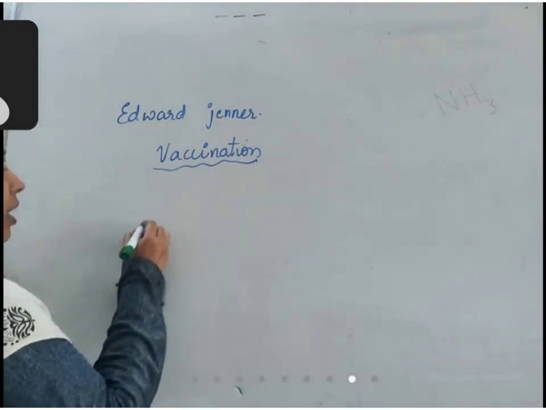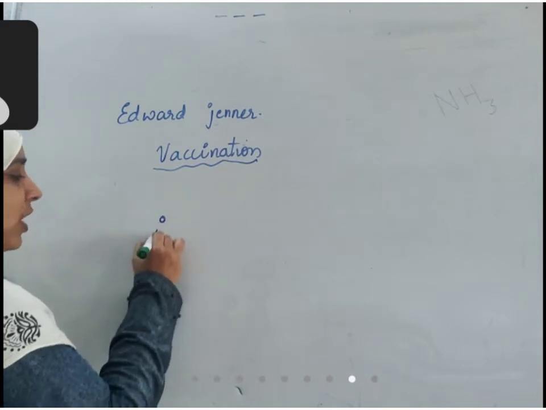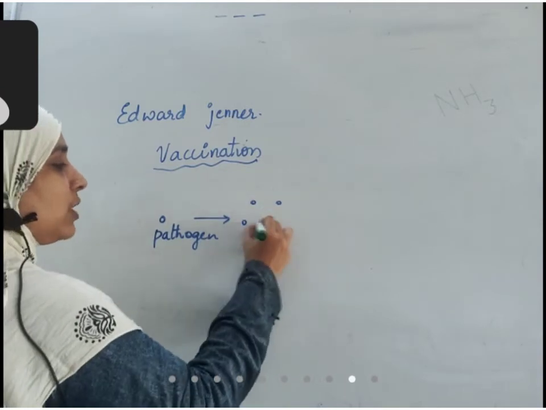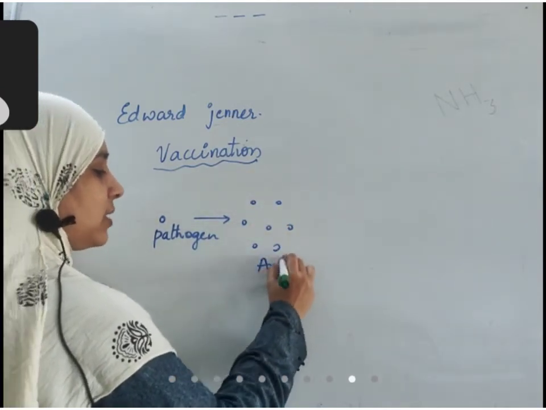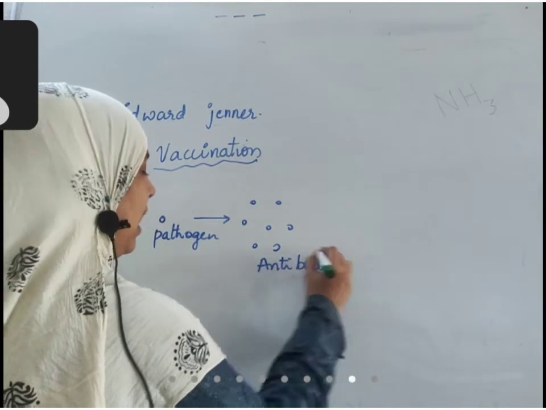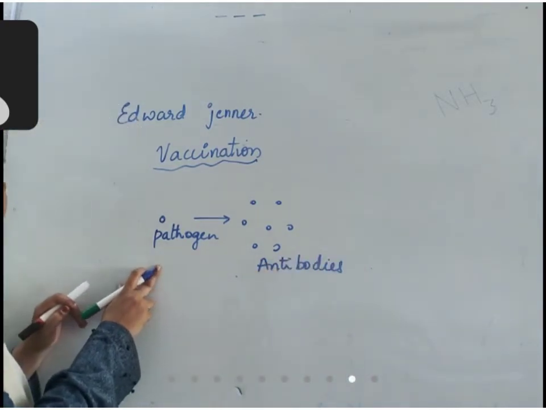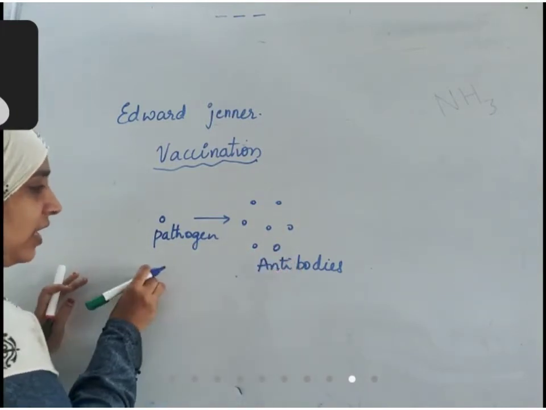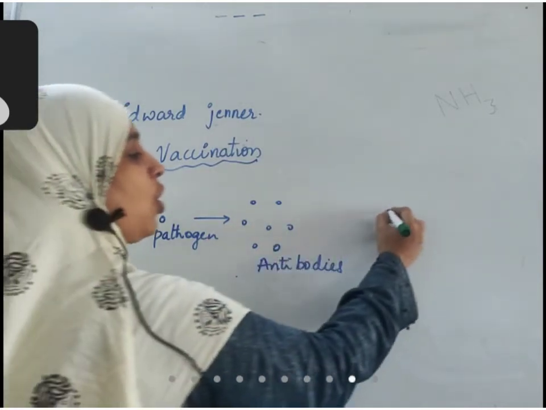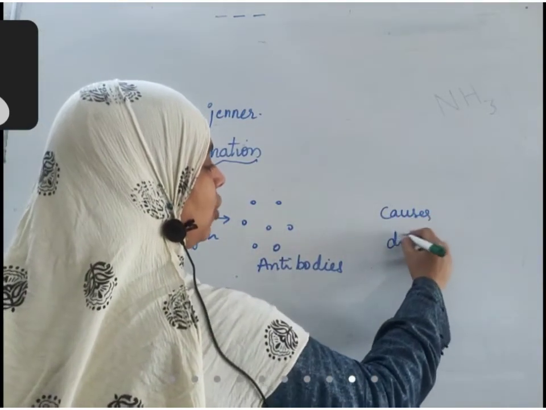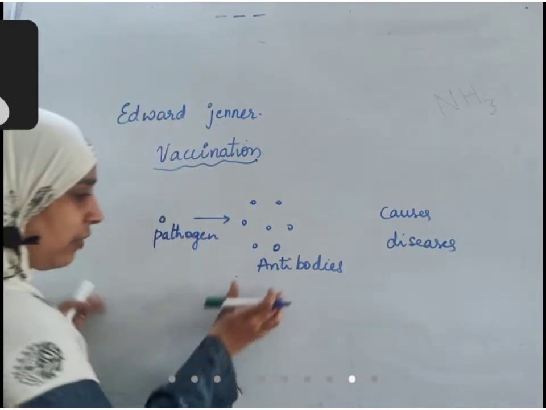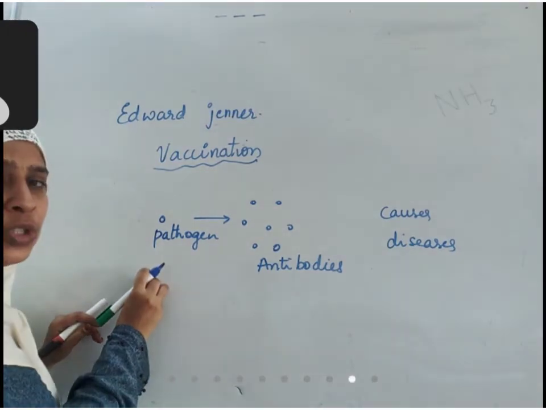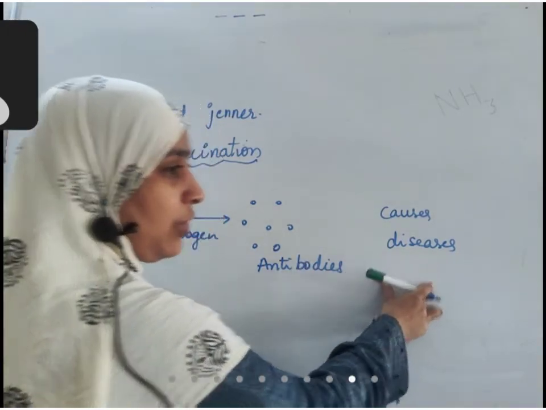Generally, when any pathogen enters our body, immediately our body will produce some antibodies, and they help us to fight against that pathogen. If our antibodies are not enough to fight against these pathogens, it causes diseases, and our body will get that infection.